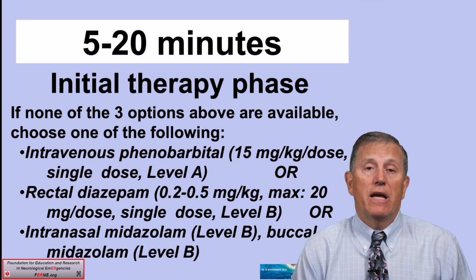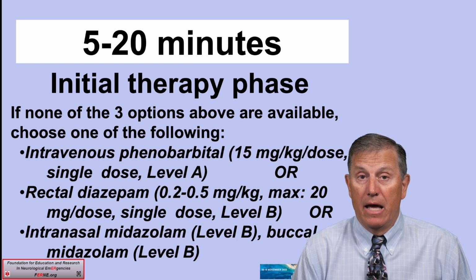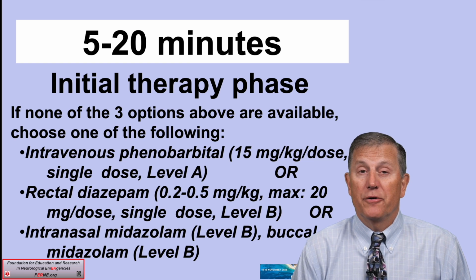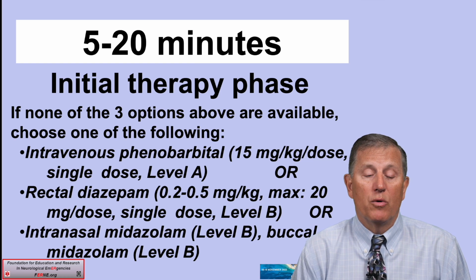If none of these 3 options are available, IM midazolam or IV lorazepam or IV diazepam, there are other options available during this initial therapy phase, understanding that the benzodiazepine is always preferred.